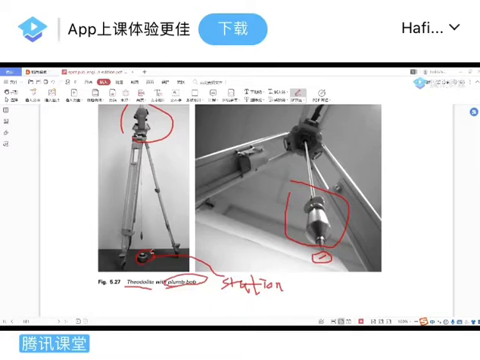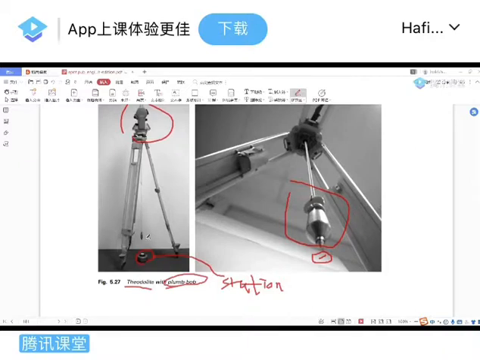Your plumb bob can hit this station, pointing directly to this station. It means the tripod is set up correctly and evenly. So in this case, you can start the measurement. Otherwise, you have to spend time correcting the legs.